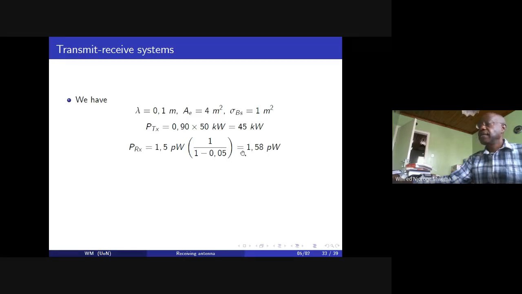That is, for us to detect the target, we must receive 1.58 picowatt, rather than the 1.5. The 1.5 is the minimum we can get, and that will be at the noise floor. That is, it's the same power as the background power, and therefore we can't know whether the object is there or not.